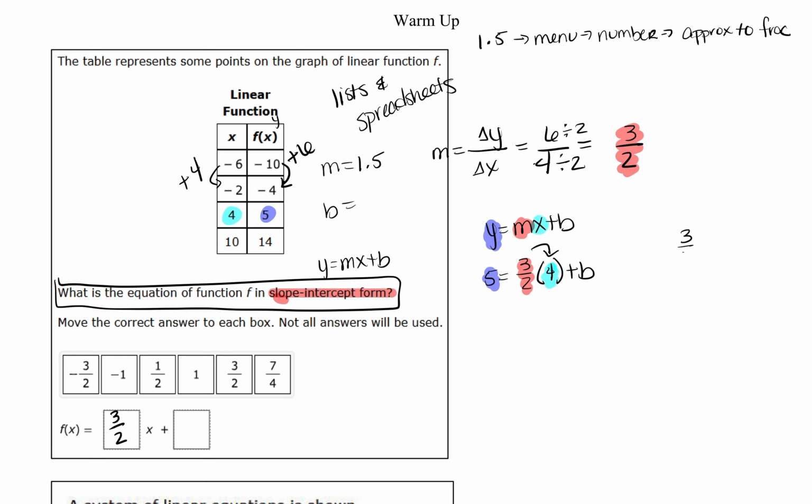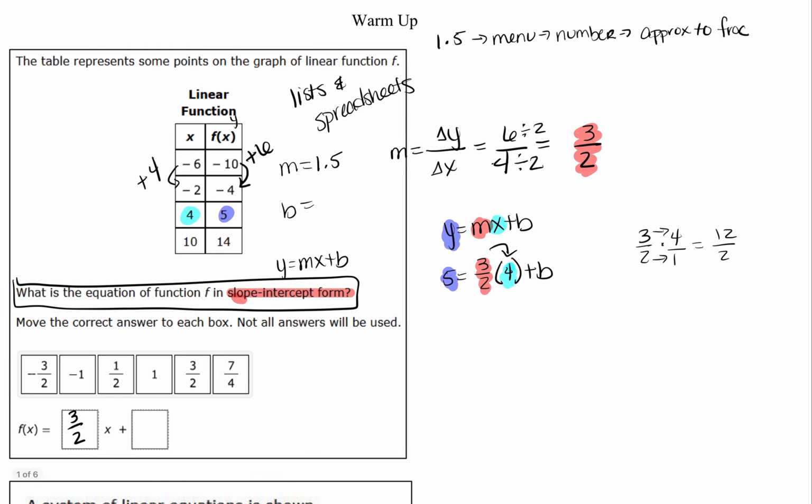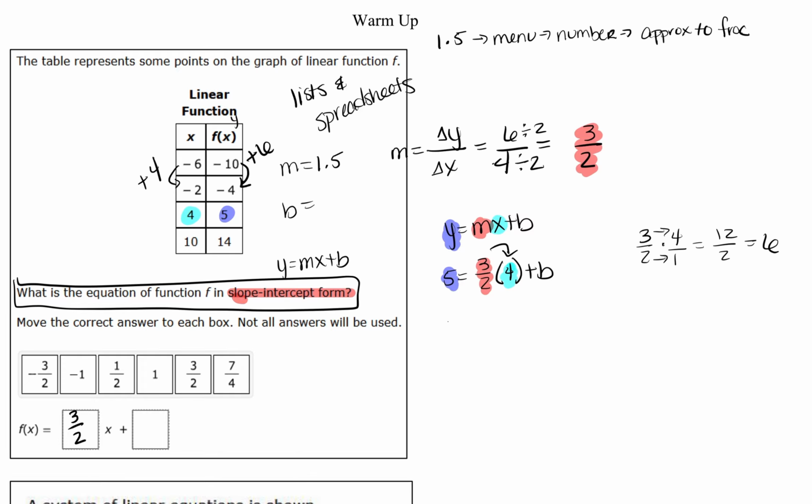Again, we have 3 over 2 times 4 over 1. When I multiply fractions, right, this is going to give me 12 over 2, which is actually 6. So 5 equals 6 plus B. That's a positive 6. Inverse of positive 6 is negative 6. So 1 is equal to B. So that's going to go here, which y'all should have gotten for list in spreadsheets here.